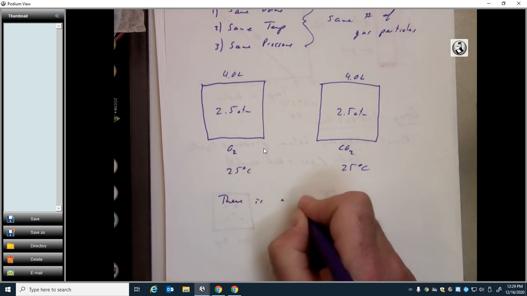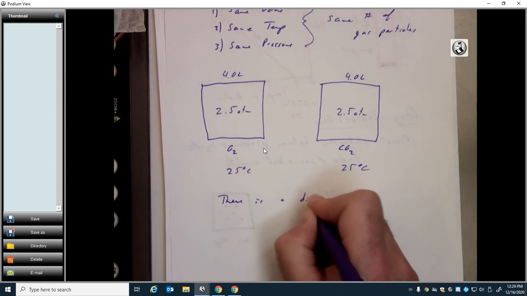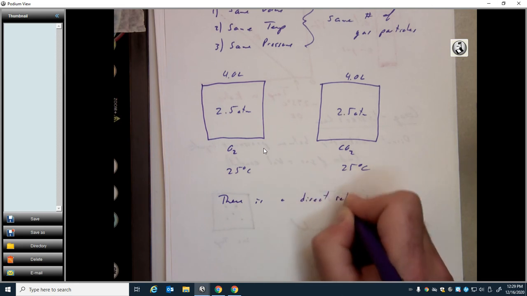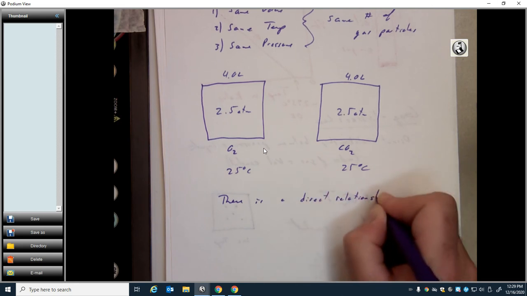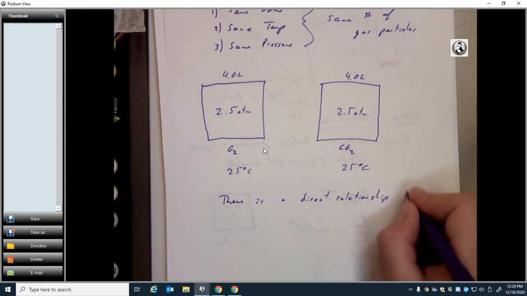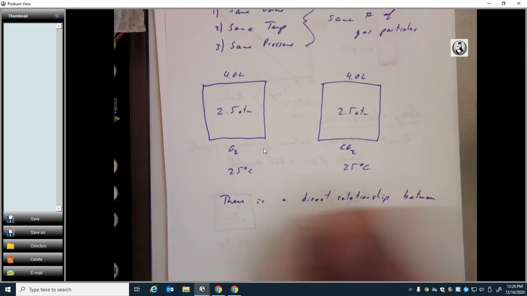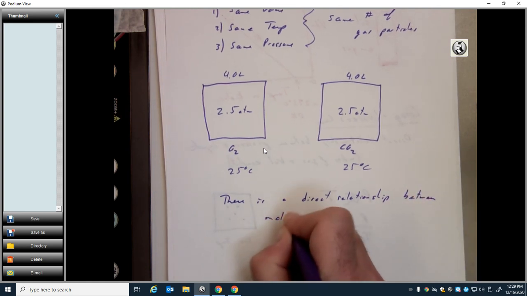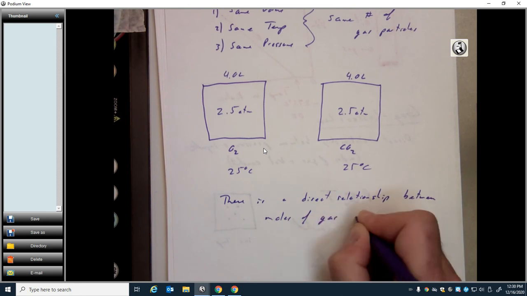There is a direct relationship between moles of gas and volume.